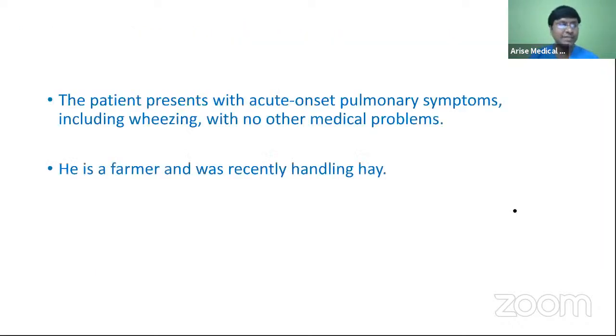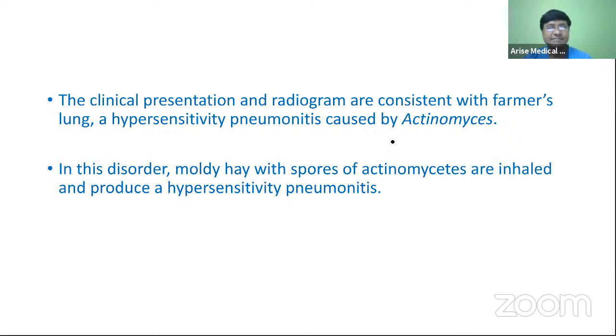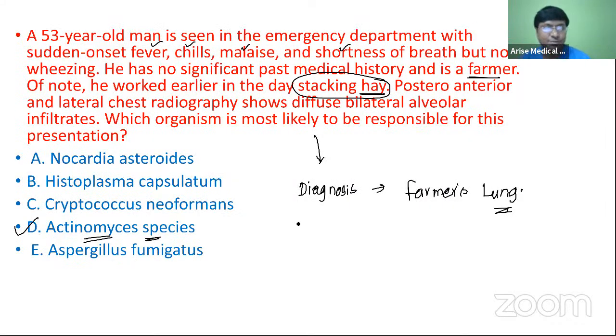He is a farmer and has recently been handling hay, and after this, all these pulmonary symptoms have developed. Farmer's lung is mainly due to hypersensitivity pneumonitis by Actinomyces. So your Actinomyces, that is nothing but your hypersensitivity pneumonitis.